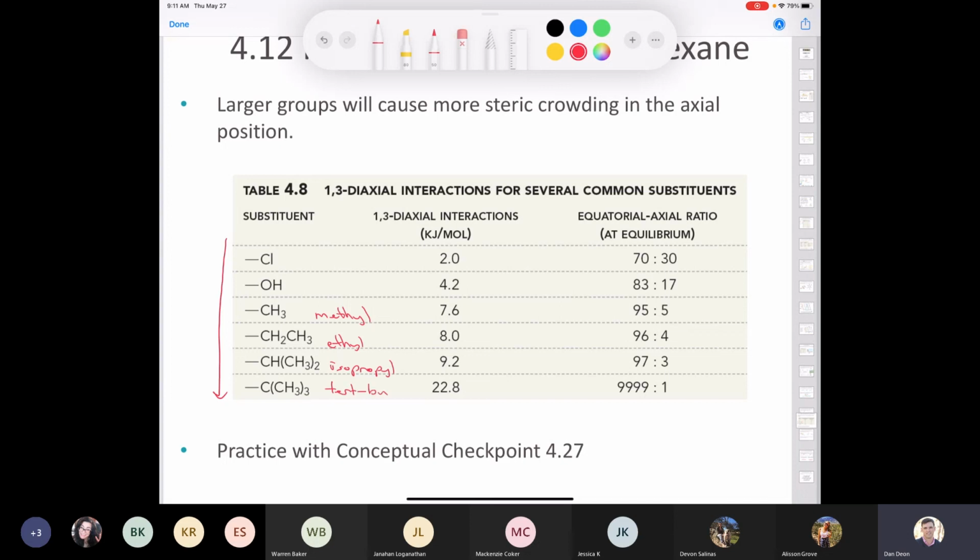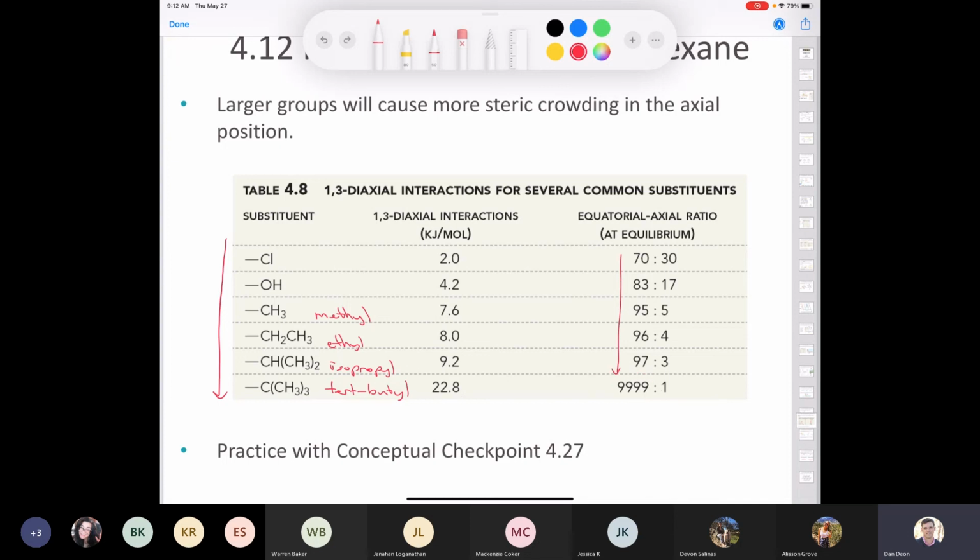Look what happens in terms of the equatorial to axial ratio. Look, it keeps increasing. Then once you get up to a tert-butyl, it's 10,000 to 1. I mean, every 10,000 molecules, you're going to have one that's going to be in the axial position.